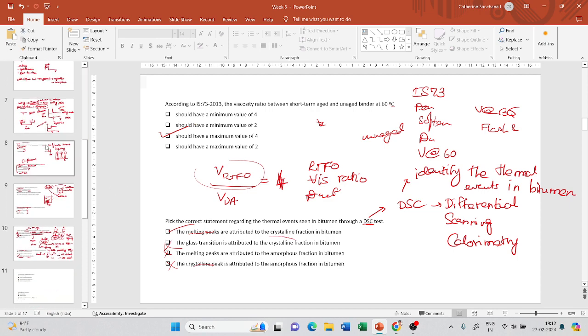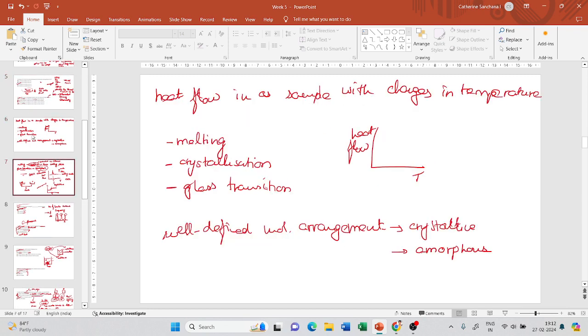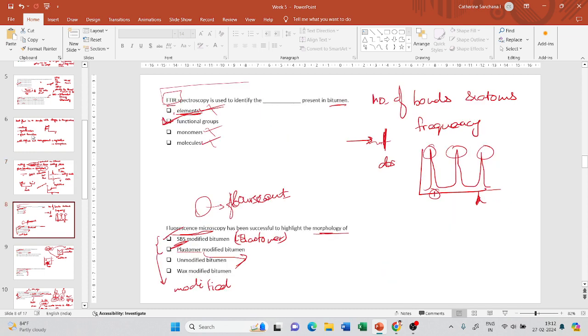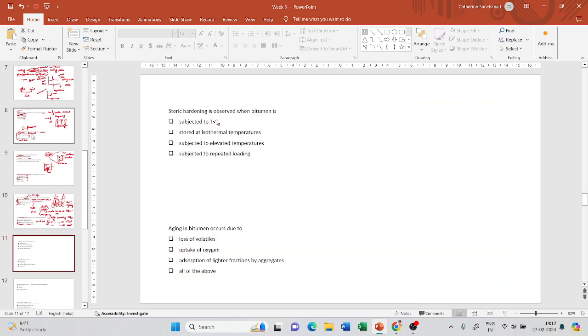Now moving on to the next question. Steric hardening is observed when bitumen is aged. So what do you understand from aging? How to characterize aging besides the change in the chemical composition on aging?